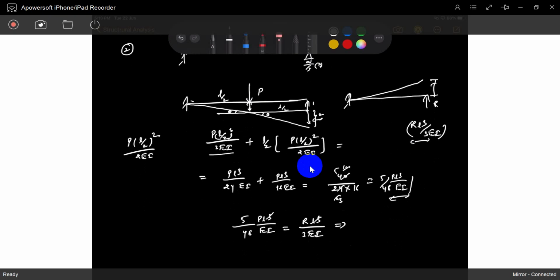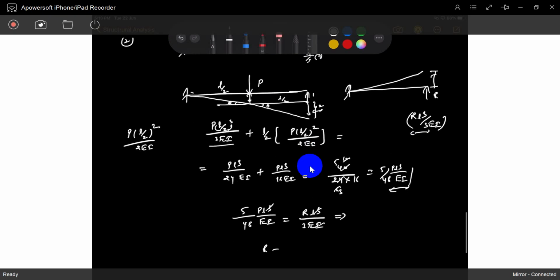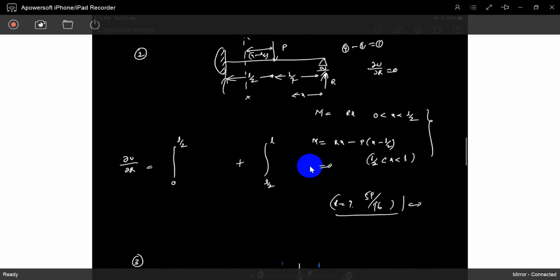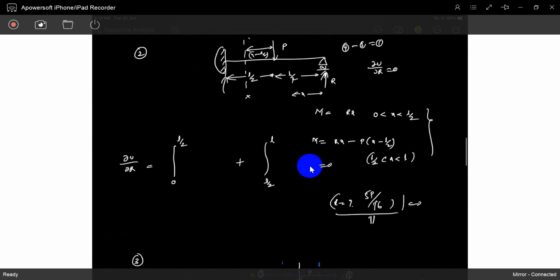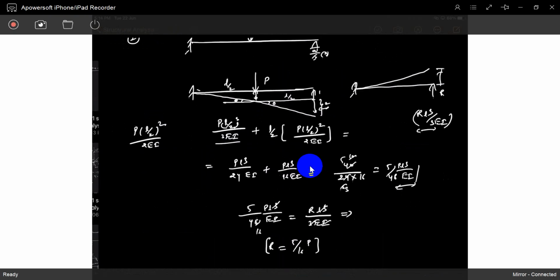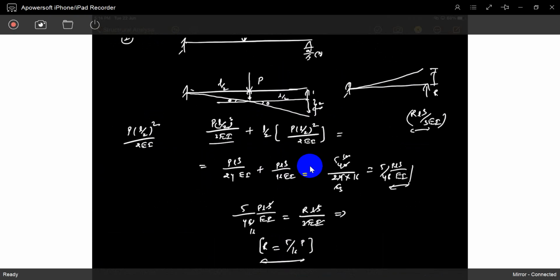L cube cancels, EI cancels, so R is 5 by 16 P. What you confirmed yesterday, 5P by 16, some of your classmates said, is the exact value. So we got the value of R.